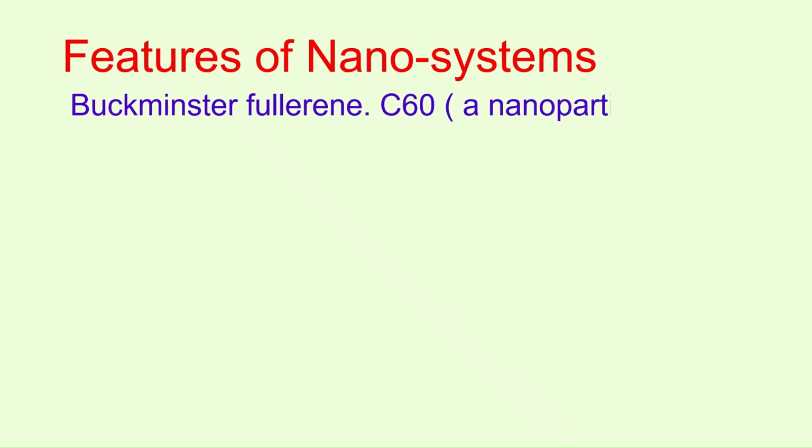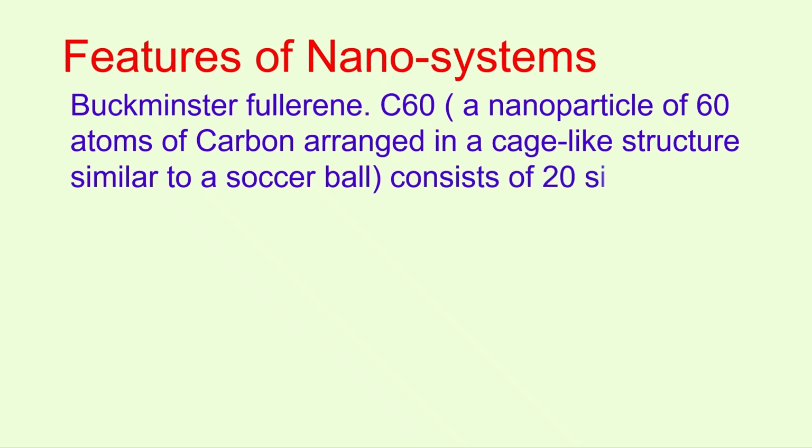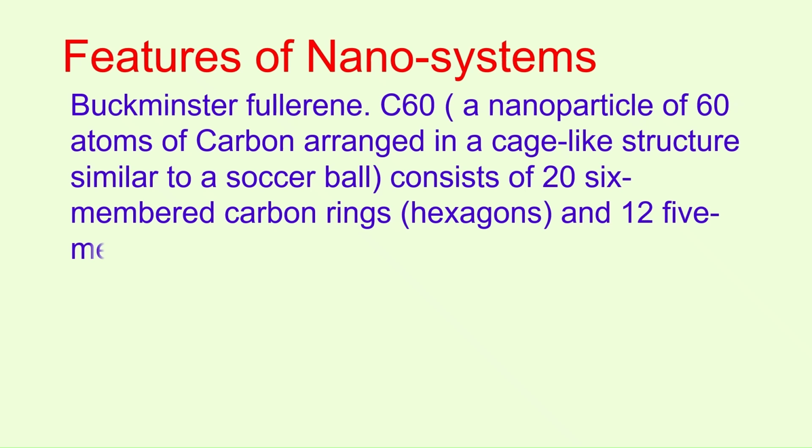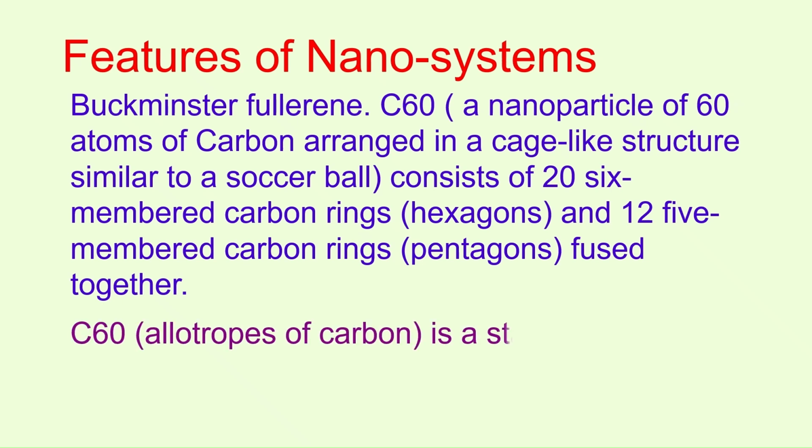Buckminster fullerene C60. A nanoparticle of 60 atoms of carbon, arranged in a cage-like structure similar to a soccer ball, consists of 20 six-membered carbon rings, hexagons, and 12 five-membered carbon rings, pentagons, fused together.